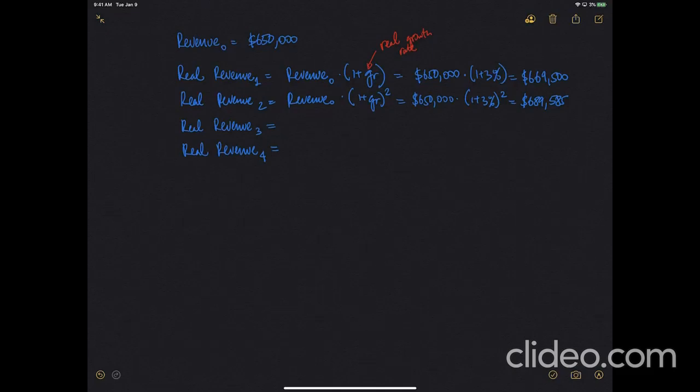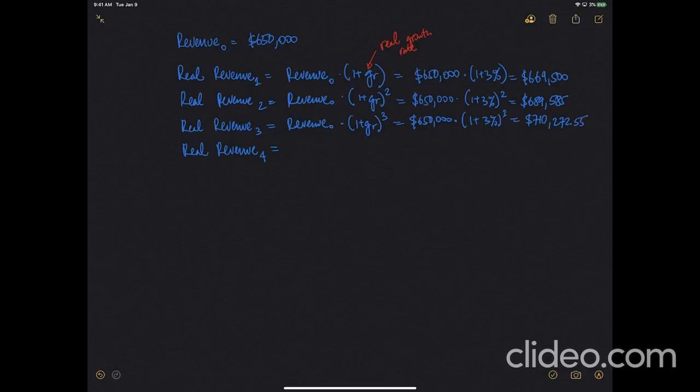Similarly, real revenue in year 3 equals current revenue multiplied by 1 plus GR raised to the power 3, which is $650,000 multiplied by 1 plus 3% raised to the power 3, which gives us $710,272.55.